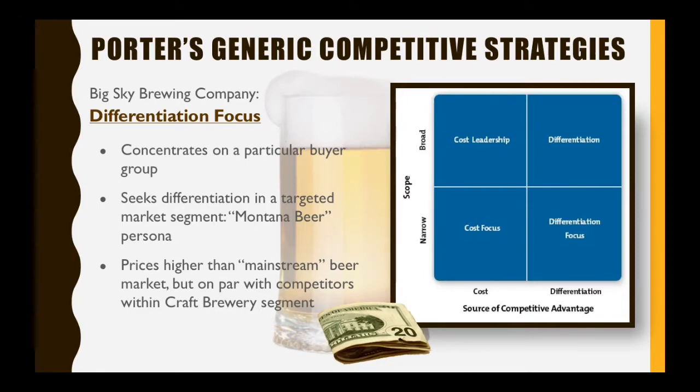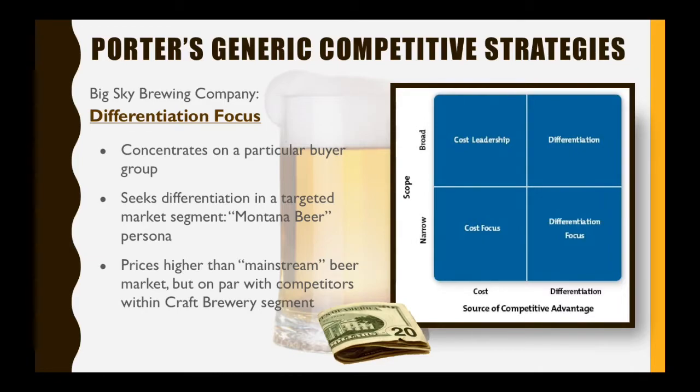And then with regard to pricing, one might be inclined to say that because they're on par with their competitors, they don't fit into the mold of differentiation focus. But within the narrow scope of the craft beer market, their prices are on par with their competitors.